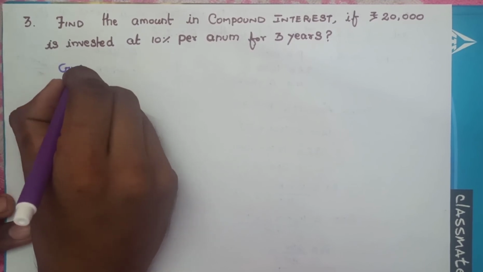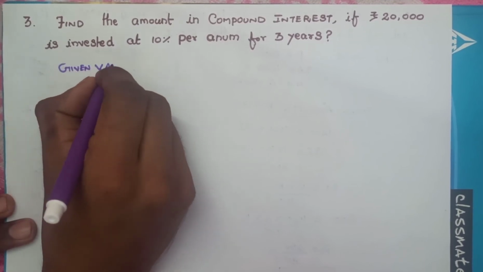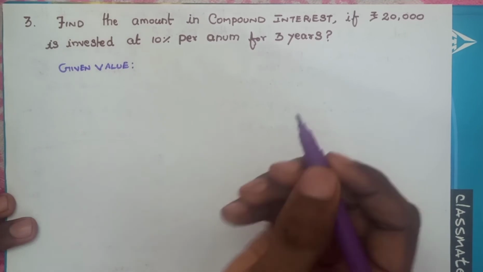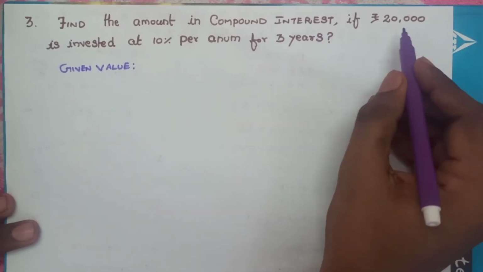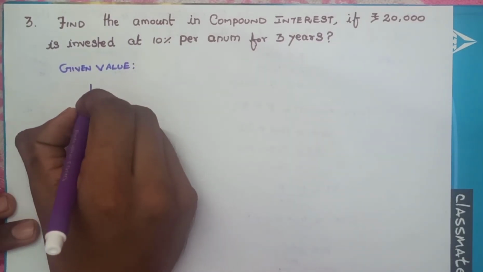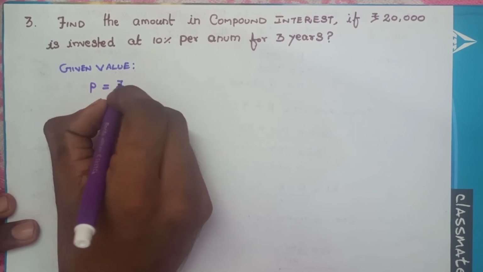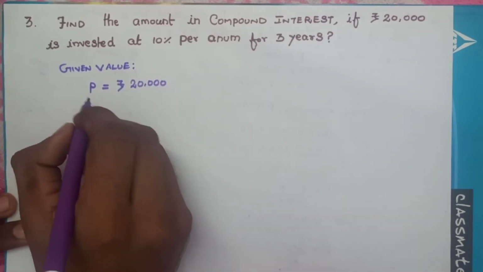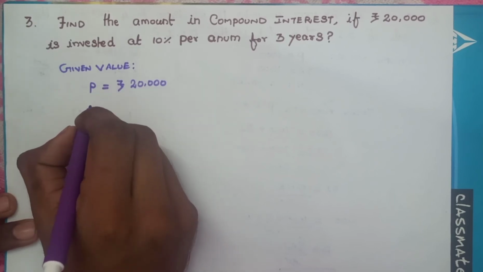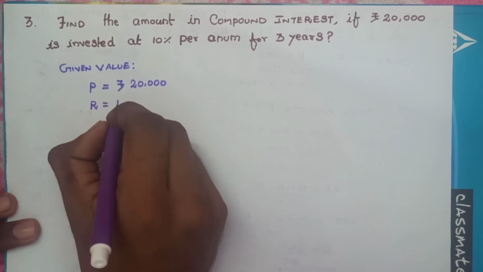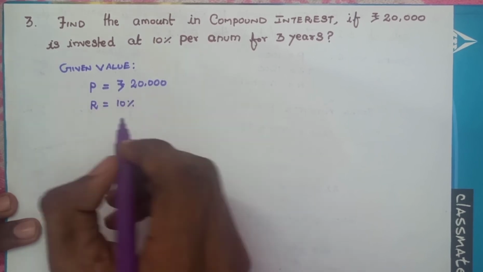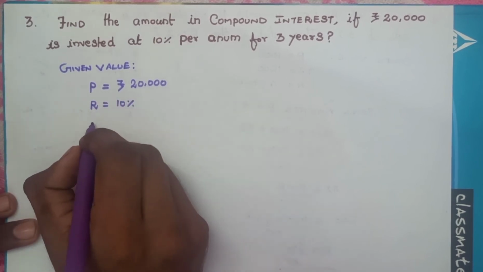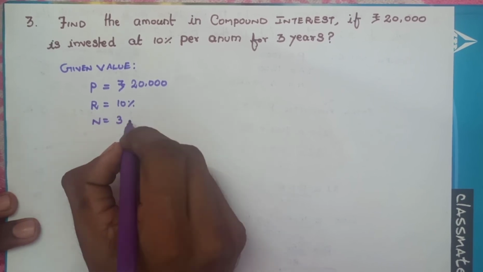Given values: what I have given is principal equal to 20,000 rupees, invested at 10% per annum, for a maturity period of 3 years, right?